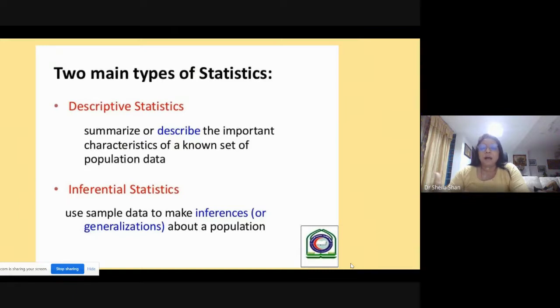When you do research and collect data, you are only dealing with a sample. A sample is the representative of a population. Of course, you cannot do a study about the whole population, so you just pick a group, and that group must represent your study.